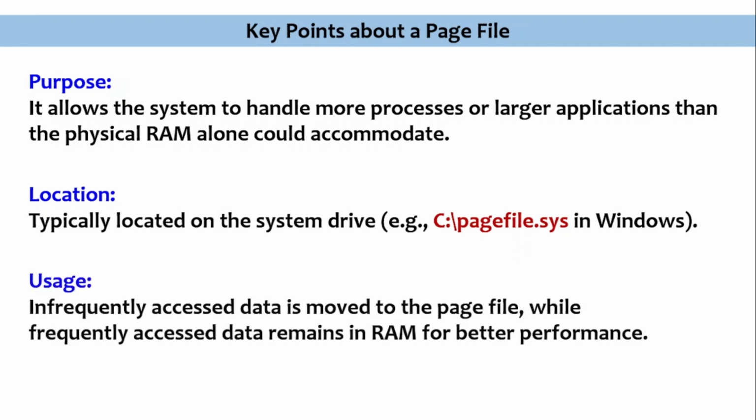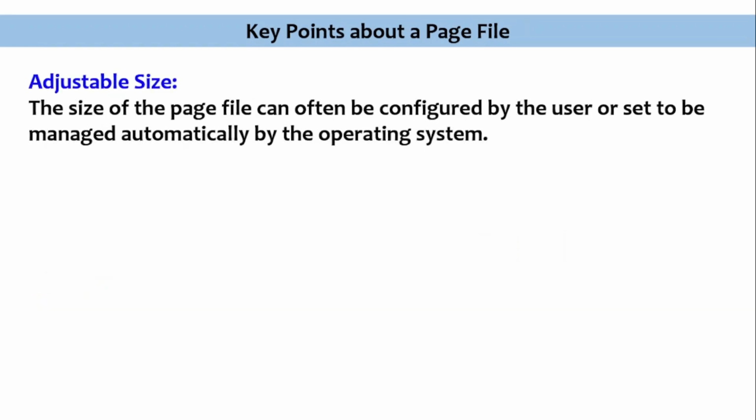Usage: infrequently accessed data is moved to the page file, while frequently accessed data remains on the RAM for better performance. Adjustable size: we can adjust the page file size according to the usage. We will be covering this adjustability feature in our upcoming sessions.